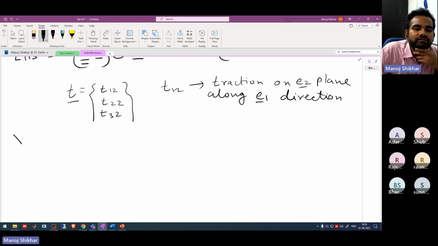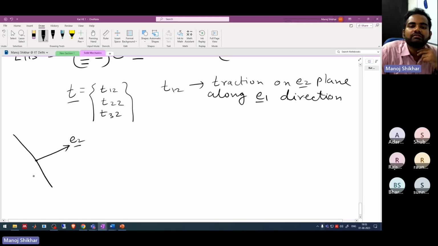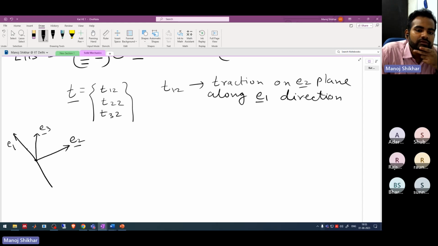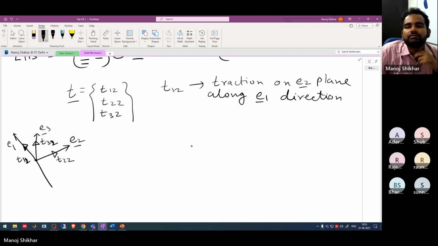Somebody was asking earlier, sir, if traction will always be perpendicular to the plane. So suppose this plane is our E2 plane, that means E2 is the normal of this plane. And this is E1 direction, let us say, and this is the third direction E3. So T12 will be along E1. Sorry, T12, not T11. This is T32, and this is T22. So what is T22?